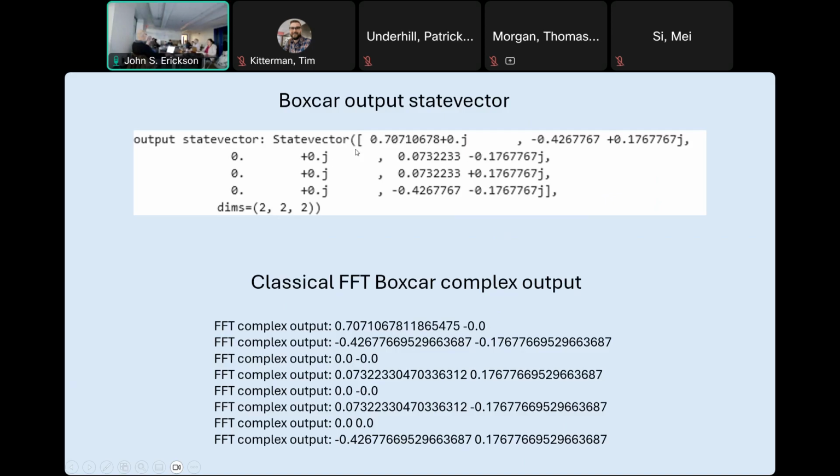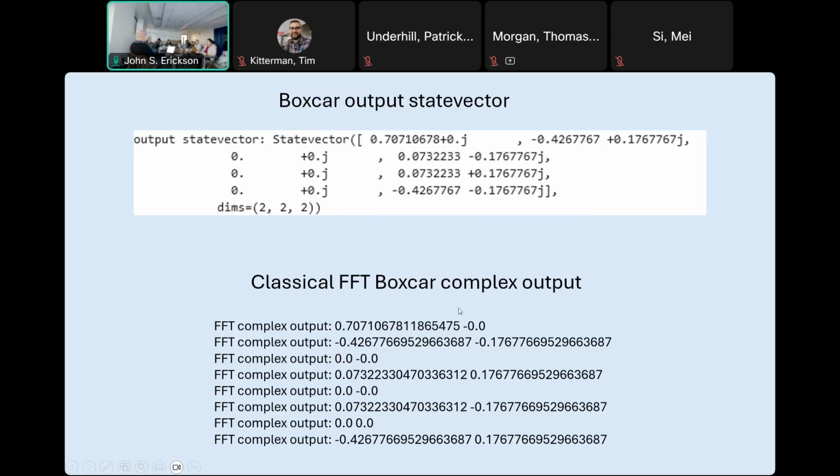Another piece of information I need to tell you: all of the quantum computer runs have been done with 100 shots. I don't know how familiar you are, but on the quantum computer you have to do multiple shots because it averages over them, as I understand it, to mitigate noise. So this is 100 shots, and this is the state vector that you get out. And down here is one single run on the classical computer. You should get exactly the same thing with no noise every time on your classical computer, right?